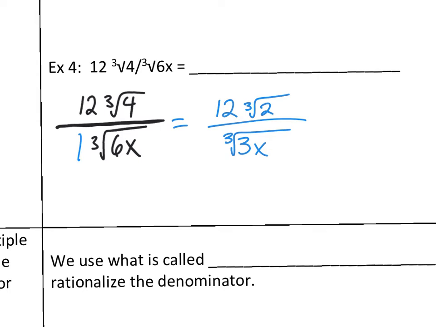Now what? What do we think? Yep, multiply by cubed root of 3x over cubed root of 3x.